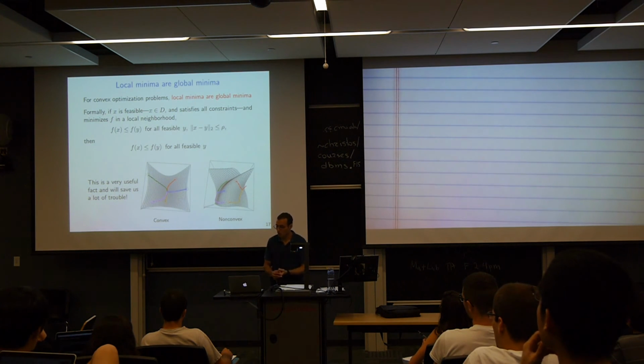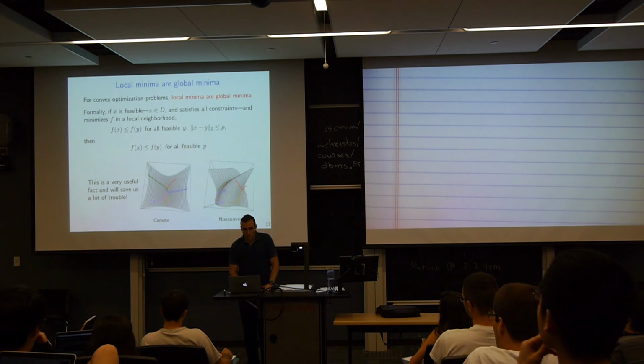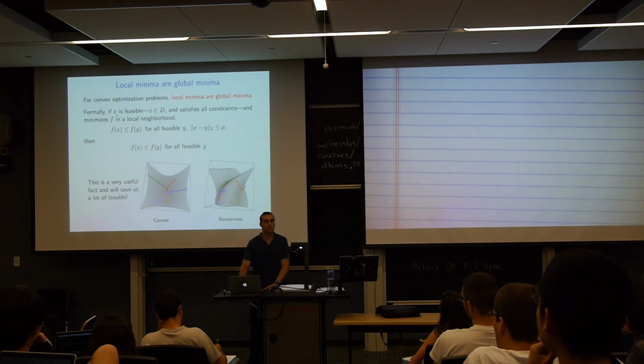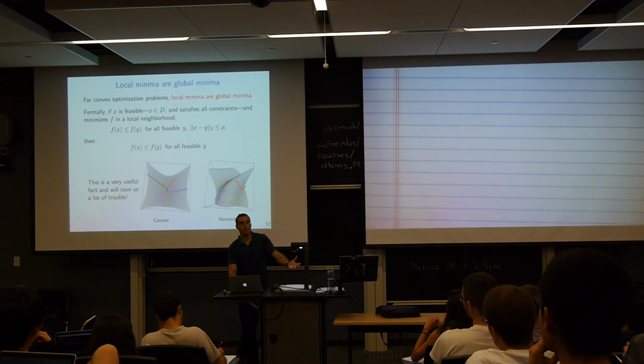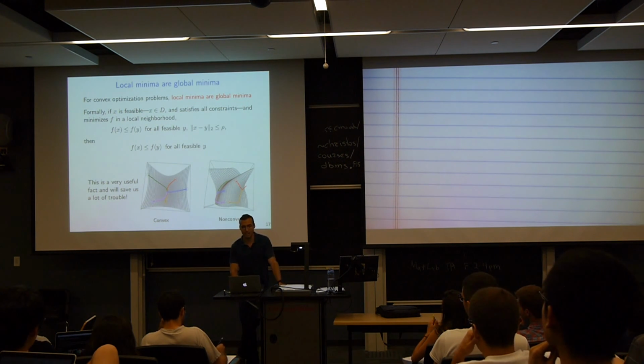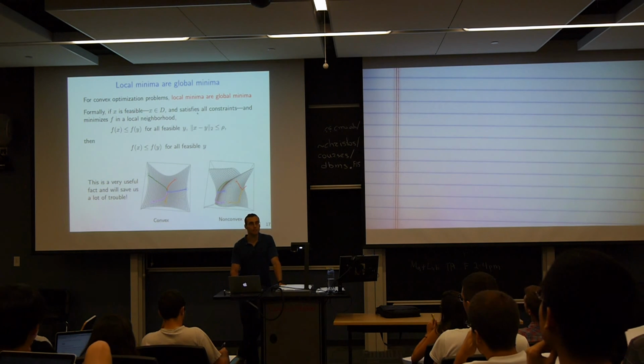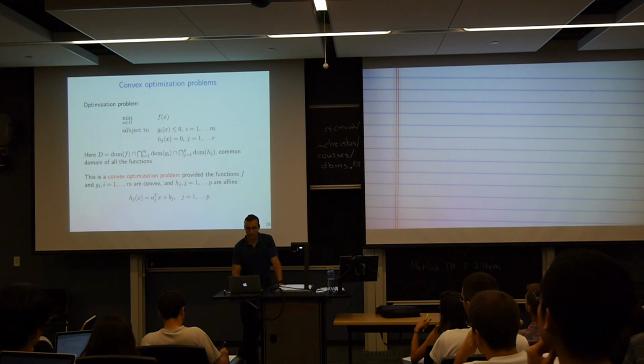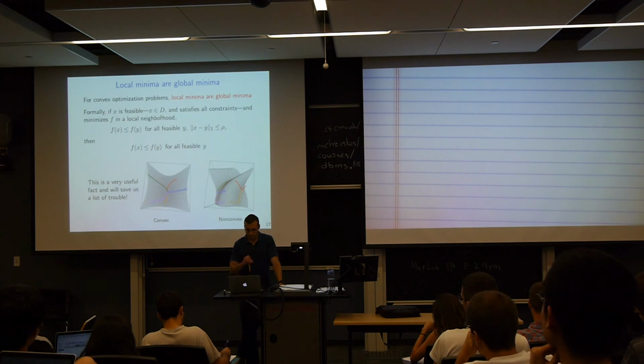So let's be a little more formal about that, and let's actually prove that. We're going to say that a point x is feasible for the optimization problem if it's in the domain D of all the functions in question, and it satisfies all the constraints, inequalities and equalities.